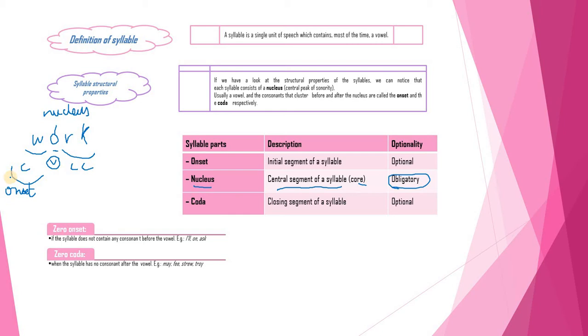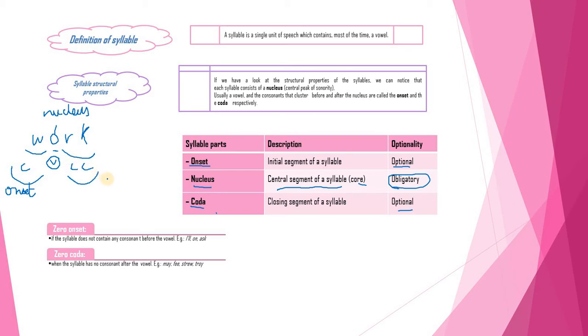Okay, then we have the coda. The coda is the closing segment of a syllable, and it is optional. The same for the onset. So I may have a syllable which contains only a vowel, so it contains neither an onset nor a coda. So here what do we have? This one is called what?